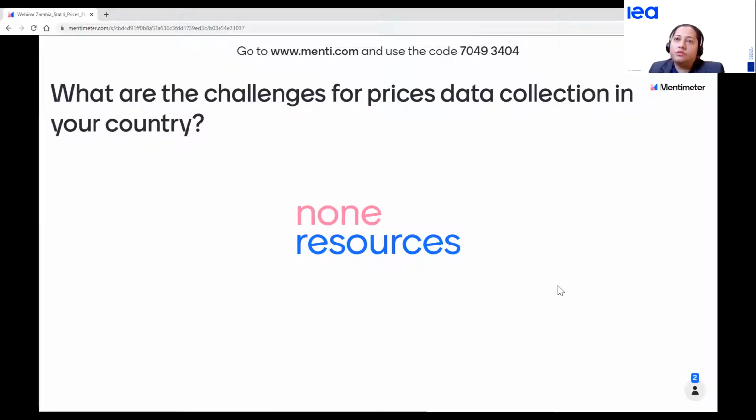No resources. Yes, this is the case in many ministries. Sometimes there's a lack of resources to do surveys and to collect prices. Are there other challenges?